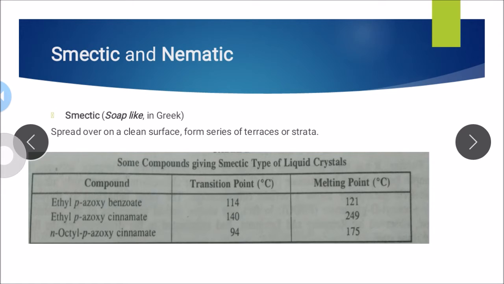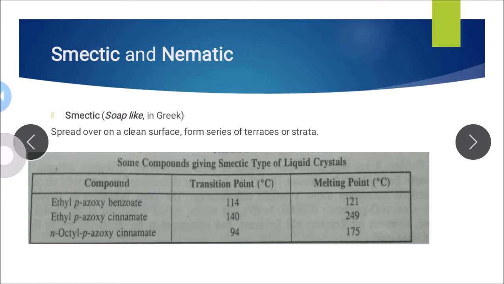That is called terraces or strata. This is the nature of smectic materials, so they are called soap-like. The following are examples of smectic liquid crystal: ethyl p-azoxybenzoate, ethyl p-azoxycinnamate, n-octyl p-azoxycinnamate. These are all materials which show smectic nature.